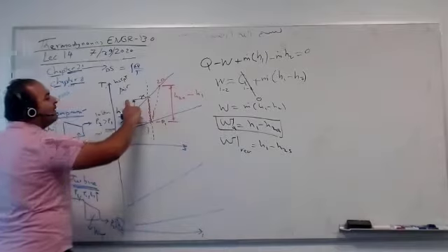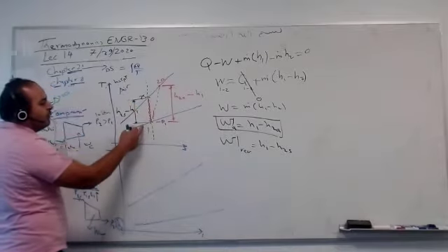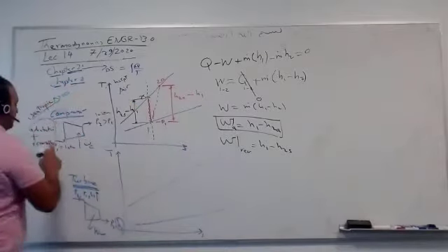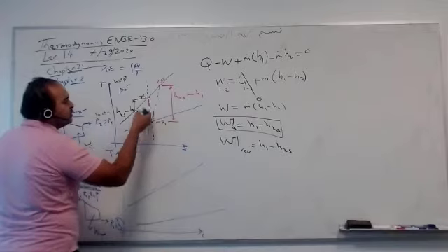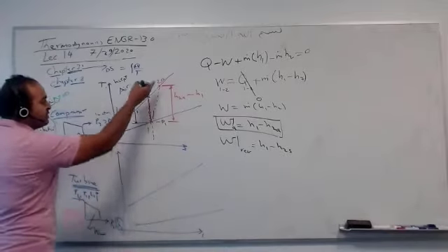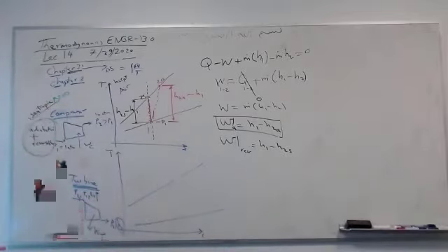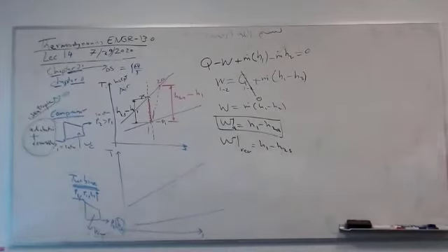This means I pay less to compress from 1 atmosphere to 10 atmospheres, from pressure 1 to pressure 2. But in reality, I pay more to go to the same pressure, because of losses. Make sense, guys? Does it make sense for you guys?